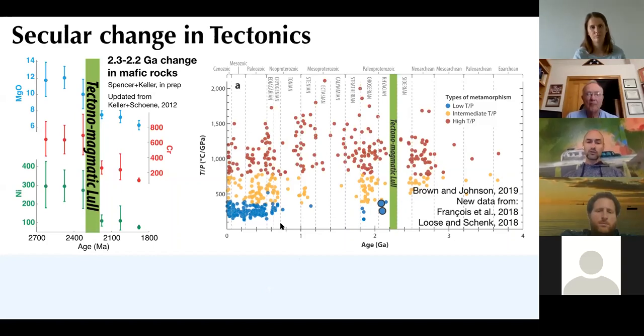We want to understand supercontinents, when they were being assembled, and the various magmatic and tectonic features of those supercontinents. I think there is still a lot for us to learn from the troughs, what was going on during these lulls where we don't see a lot of magmatism and a lot of orogenesis.